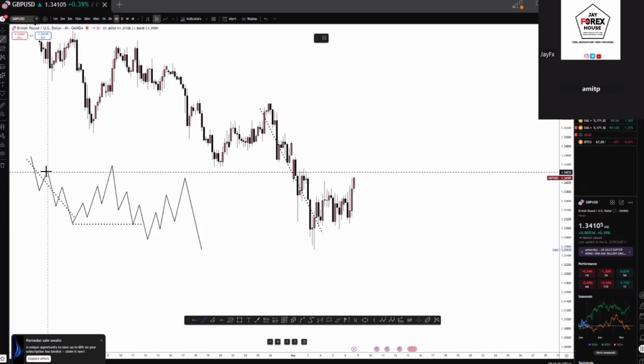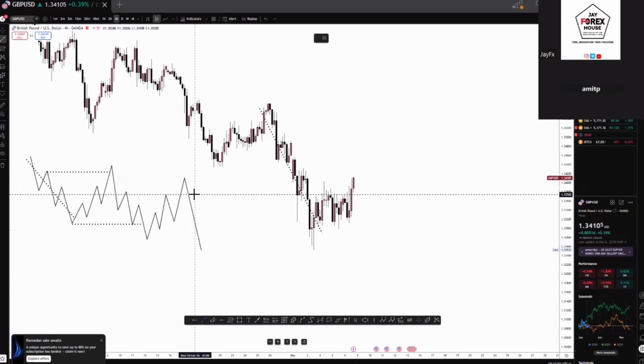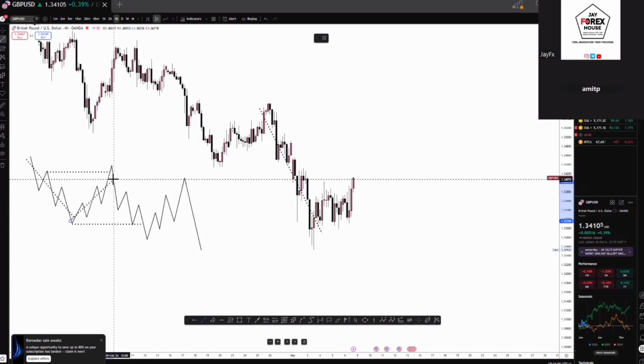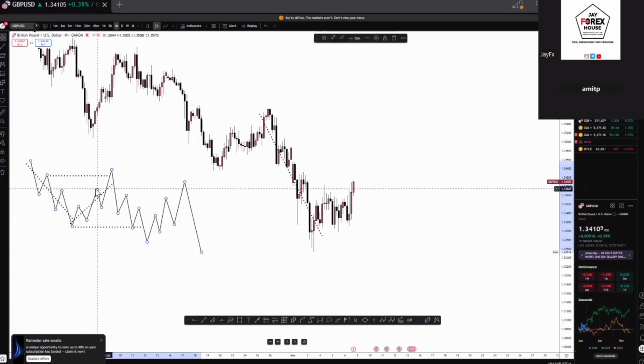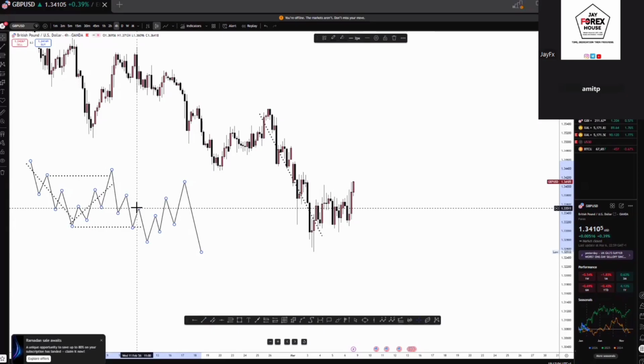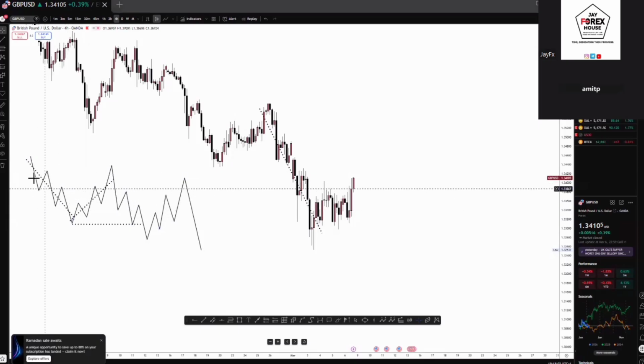Price returns back to clear out swing highs from previous internal structures. So the formula of a new range is simply price returning to a previous range to clear out the internal market structures.